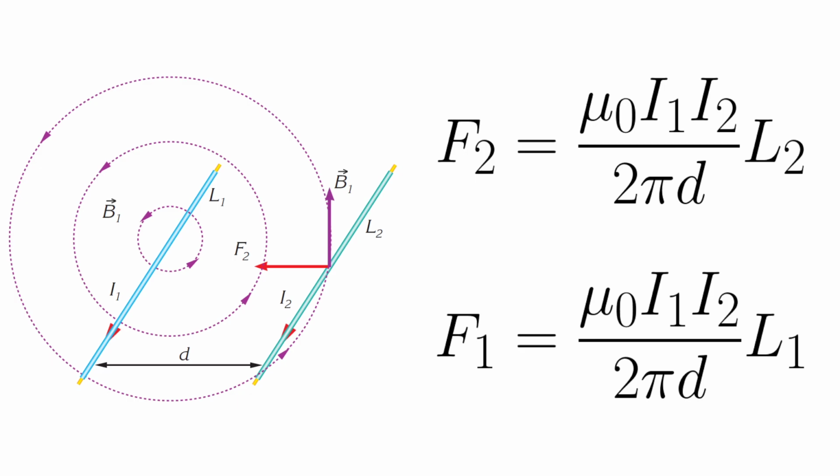And analyzing this equation, we can state the following. It's obvious the magnitude of F1 and F2 will be the same if the magnitude of the length is also the same.